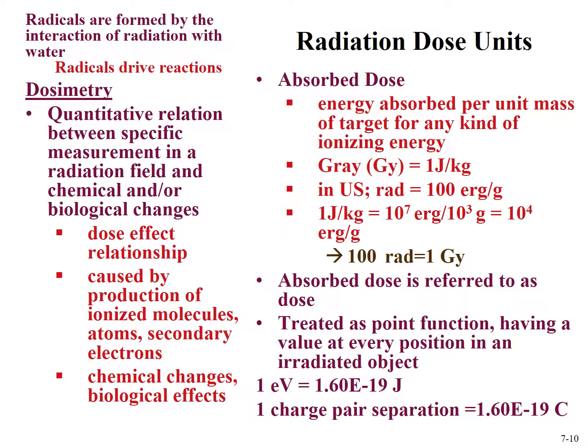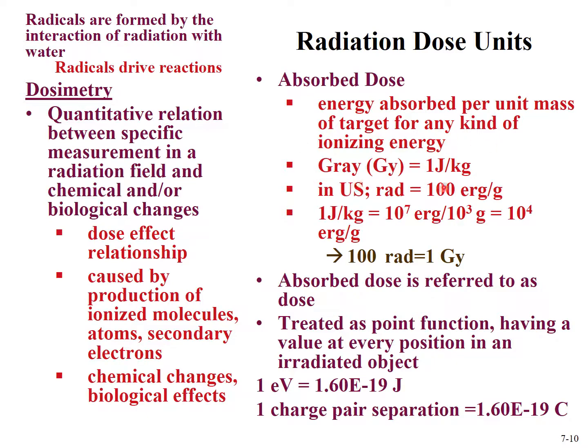When we talk about absorbed dose, we talk about the energy absorbed per unit mass of any target for any kind of ionizing radiation. We talk about units such as gray or rad. We're talking about the energy absorbed, and we're not really focusing on the ionizing particle that's depositing that energy.